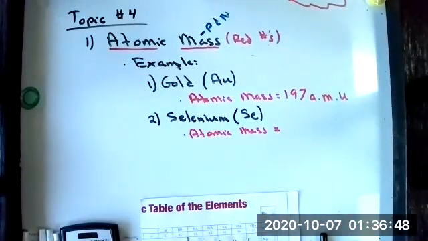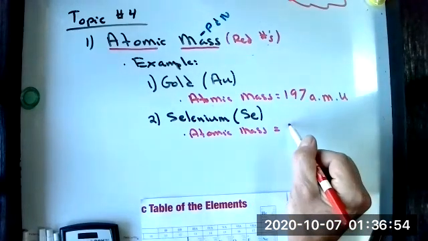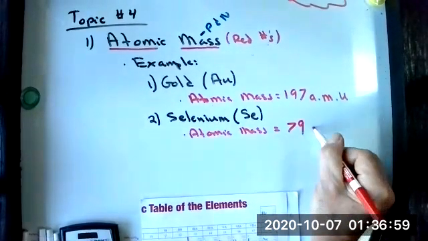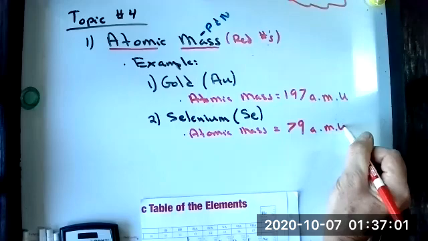Selenium, there he is. Got that red number? I'm going to round that off because that 9 is going to bump up the... 79. And the unit would be AMU.